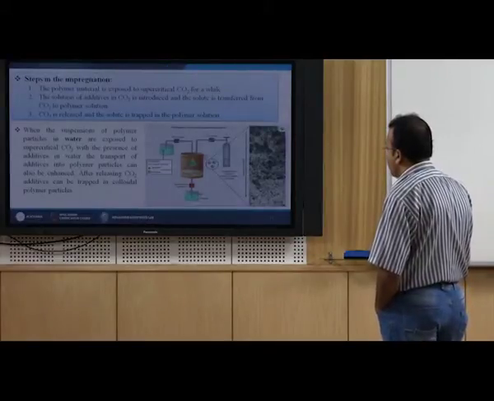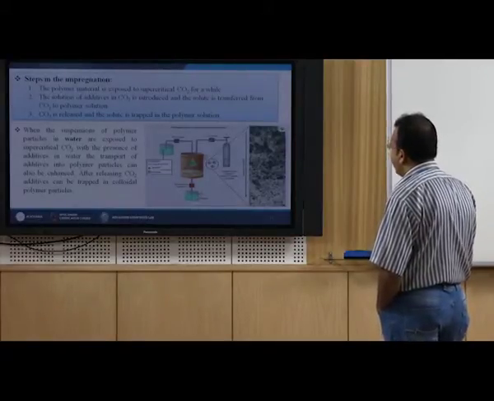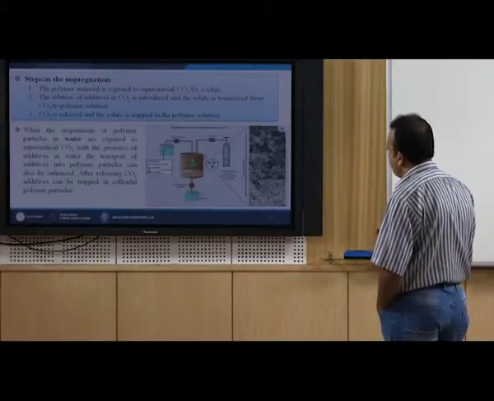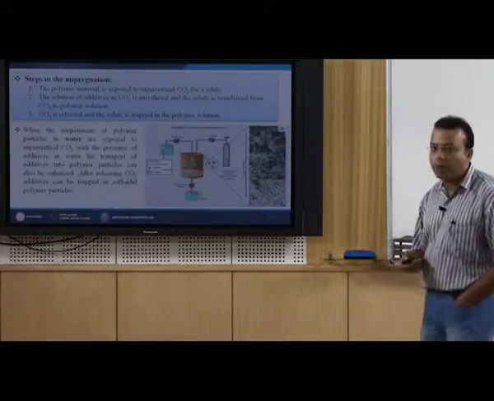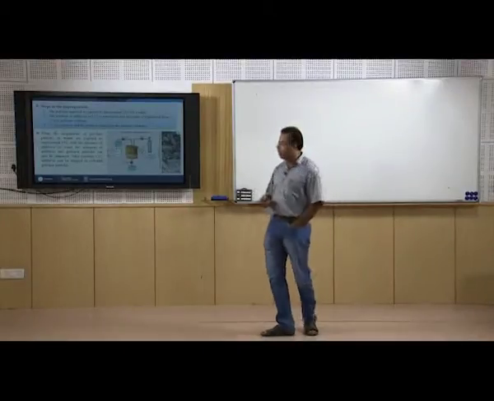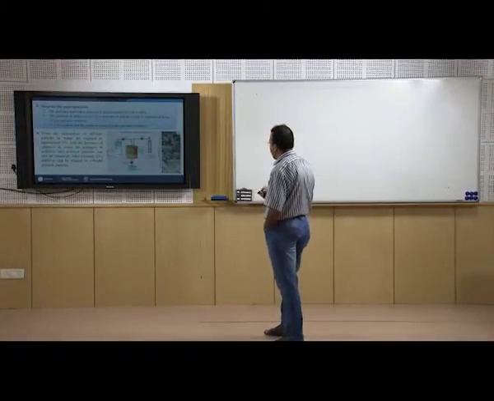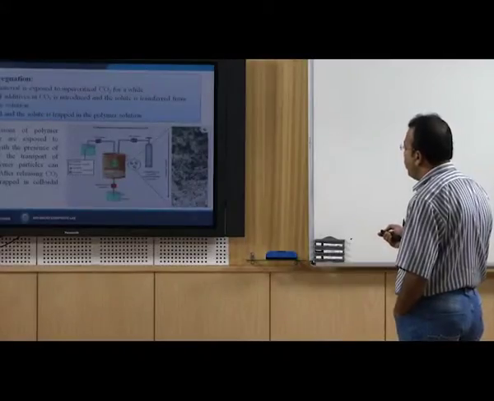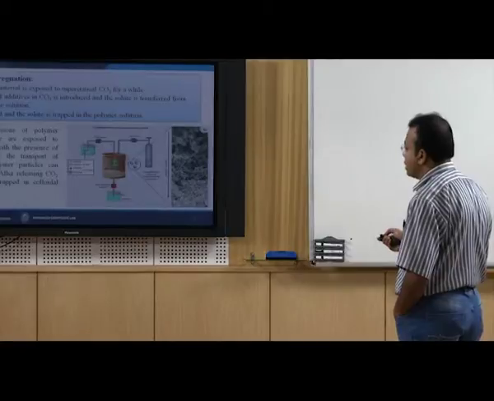Here we have some collecting materials, and inside this chamber we maintain the supercritical carbon dioxide, and on the right hand side it shows the FESEM image, showing the final view of that microencapsulation technique.